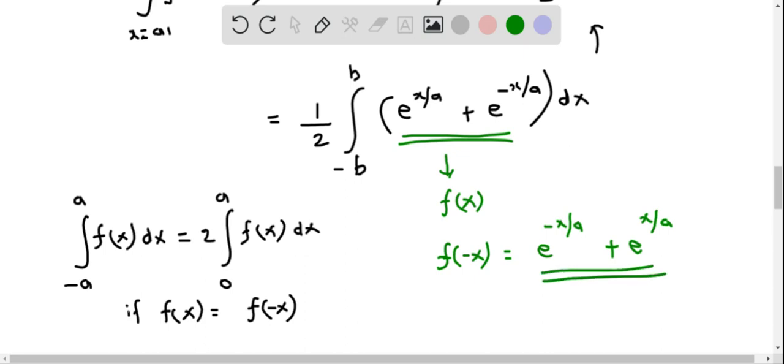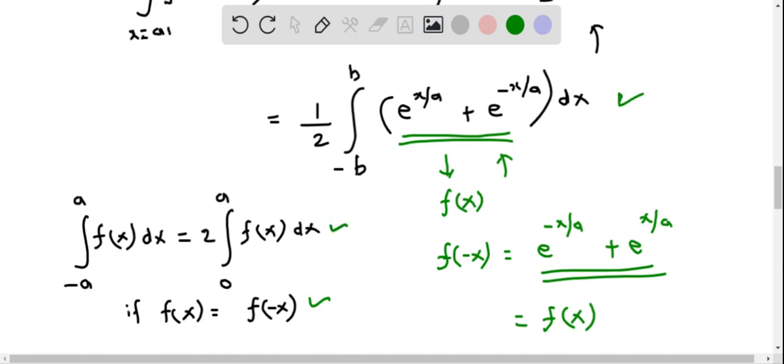In fact, this expression as well as the f of x expression are both the same. Therefore, f of minus x equals f of x, which means it satisfies this condition, so that we can use this property.